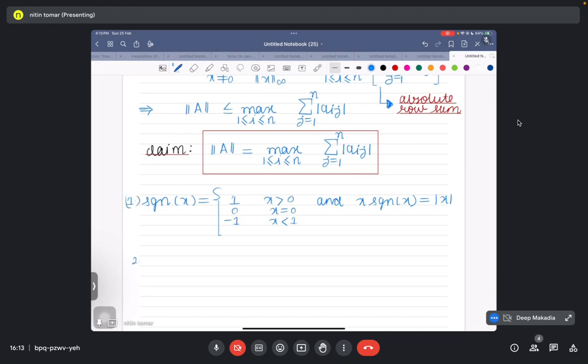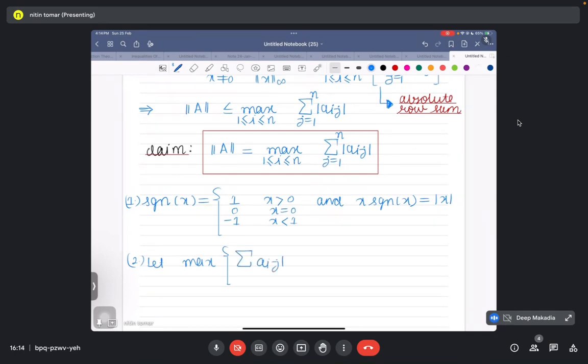Second is, you're computing the maximum over this thing, right? And these are finite numbers. What I'm saying is we are computing the maximum of finite numbers.